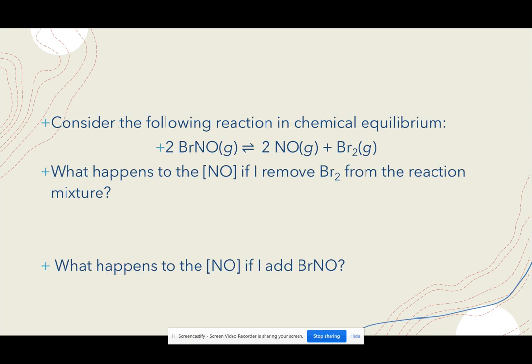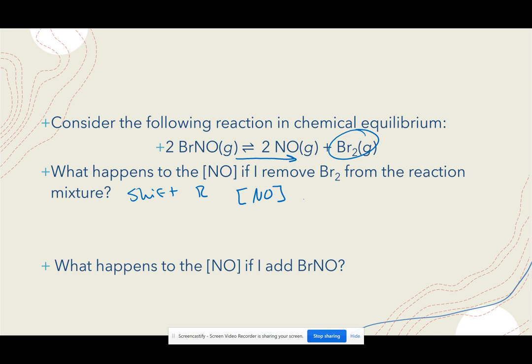So looking at this equilibrium, what happens to the concentration of nitrogen monoxide if I remove bromine? If I remove bromine, we're going to shift to replace what I've removed. So we're going to shift towards what I've removed. So we're going to shift right, which means the concentration of everything on the right is going to go up.